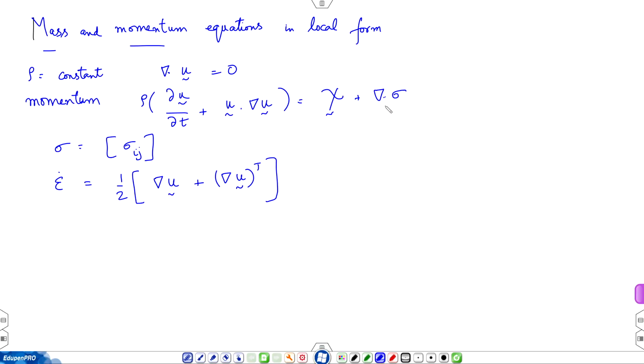Okay, so, for a Newtonian fluid, we are talking about a linear relationship between sigma and epsilon dot.